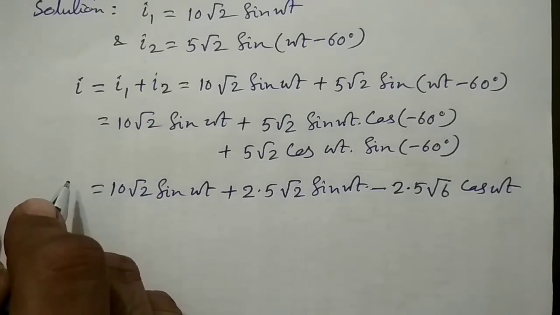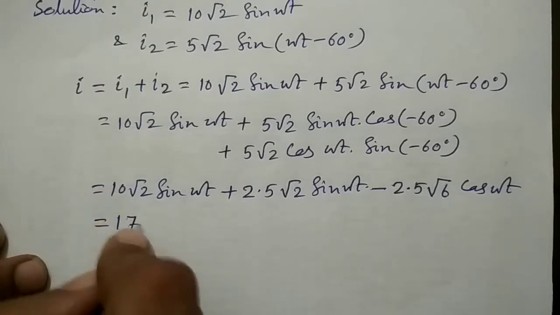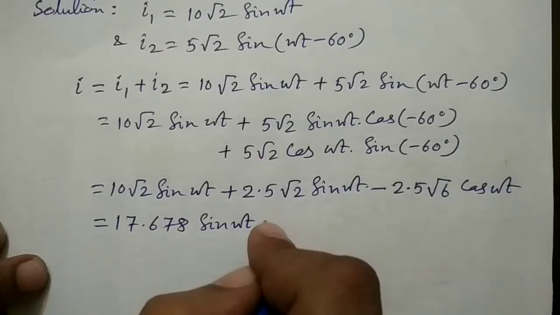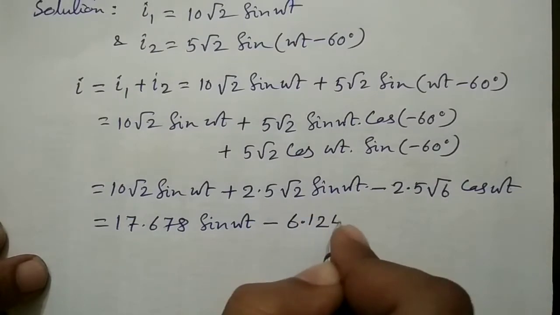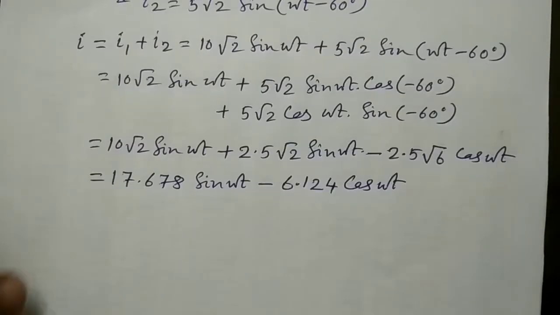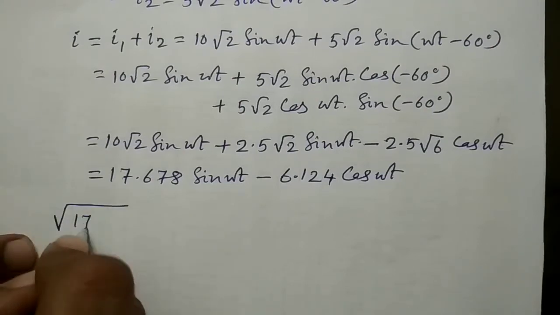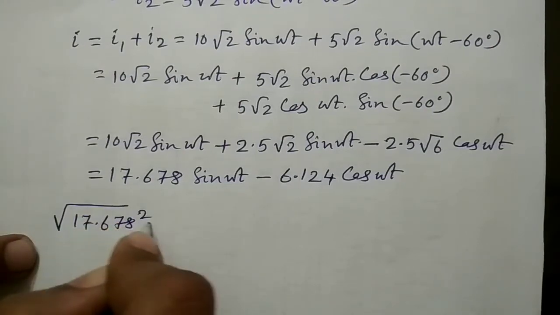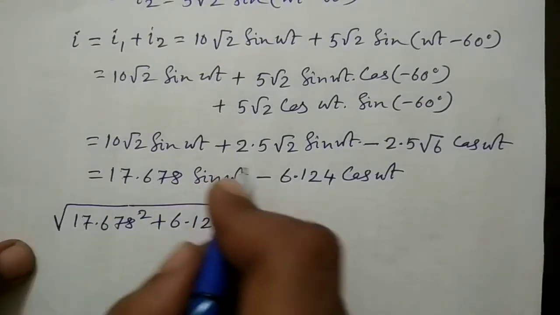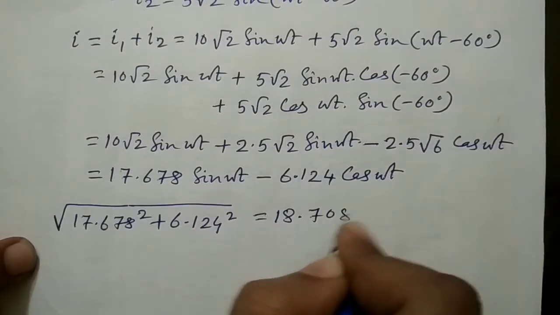Now if we simplify this, we will get 17.678 sin omega t minus 6.124 cos omega t. Now the square root of 17.678 squared plus 6.124 squared, we calculate this value and we get 18.708.